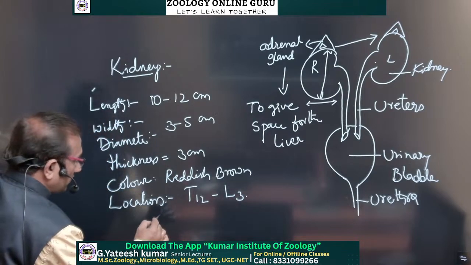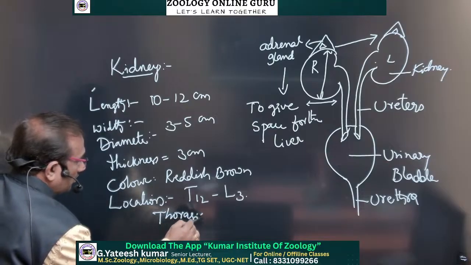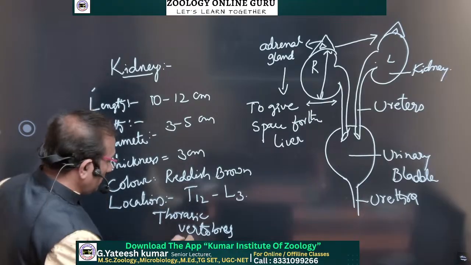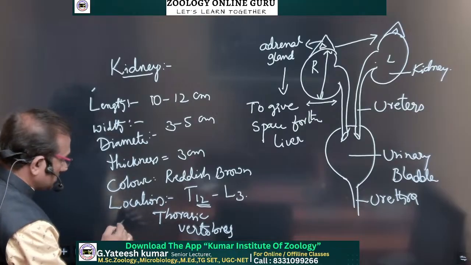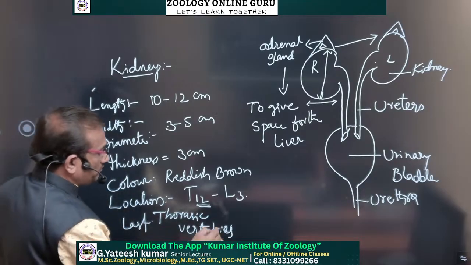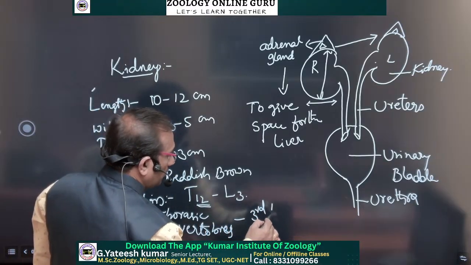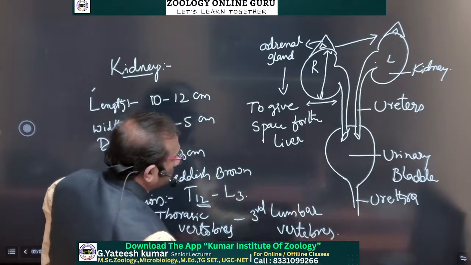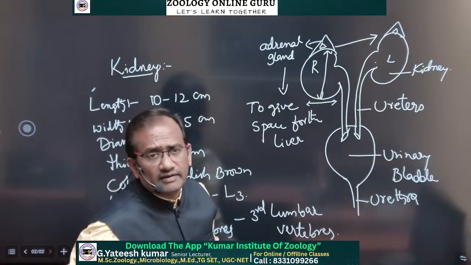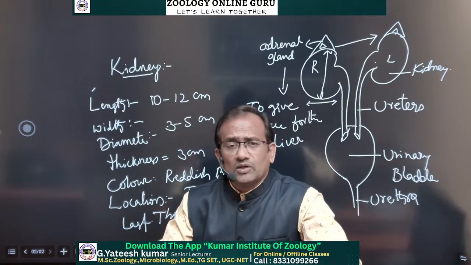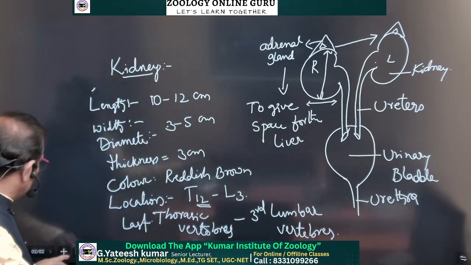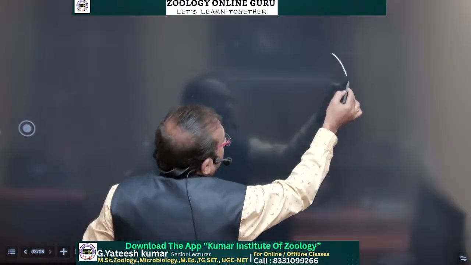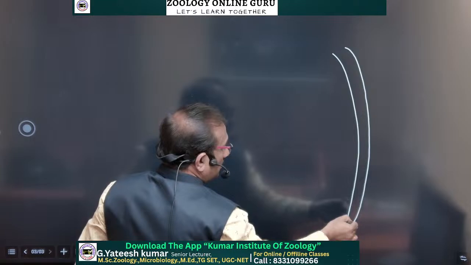T12 means the twelfth thoracic vertebra, the last thoracic vertebra, and L3 is the third lumbar vertebra. So the kidneys are located between the last thoracic vertebra and the third lumbar vertebra. Suppose these are the vertebrae here; we have to see where the location is.